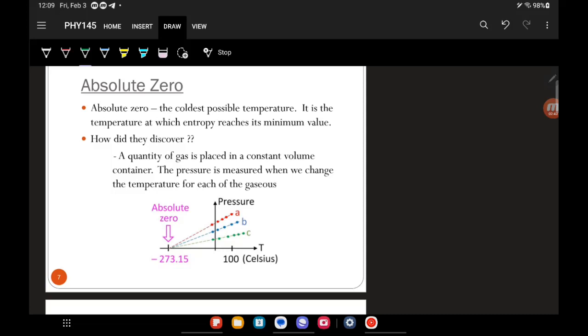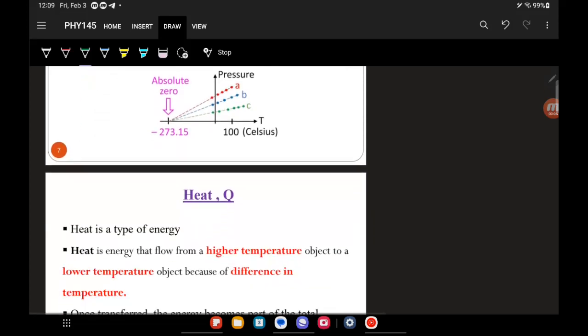Zero. It's not vibrating even the slightest. Okay, that is where it reached 0 Kelvin. Sorry, there's no degree, 0 Kelvin. Okay, so we cannot go beyond that. So that is why it is significant in terms of temperature measurement.